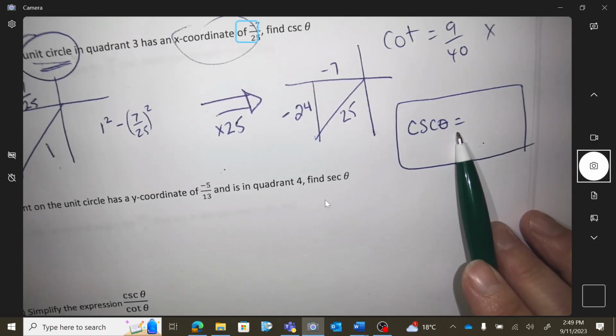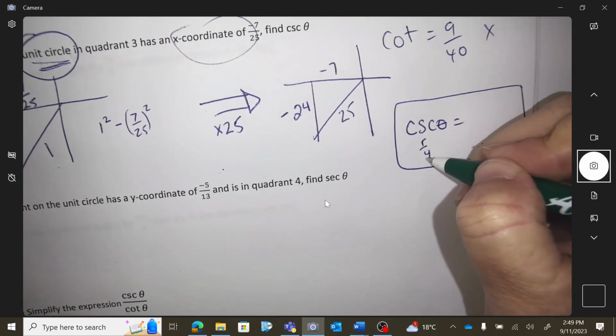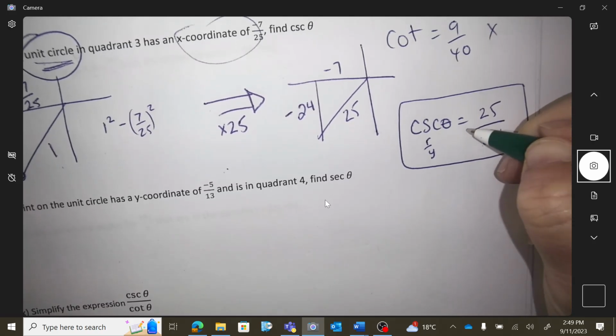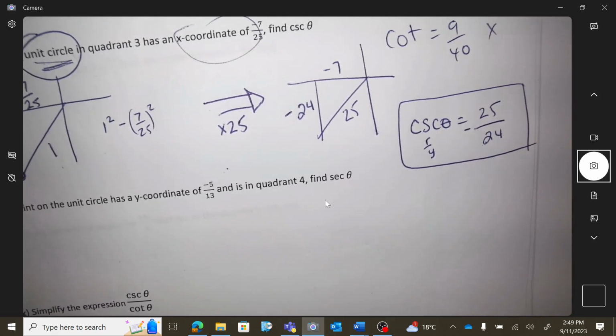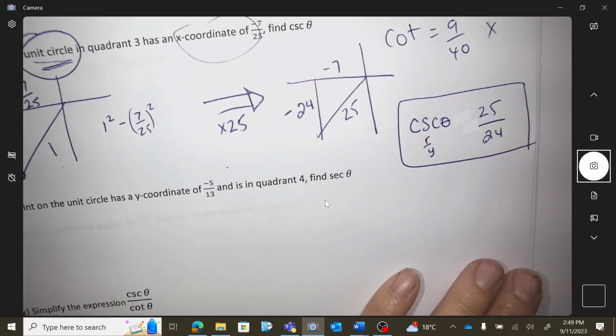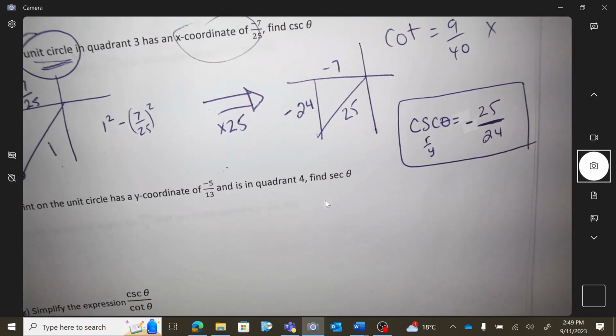So then you're looking for what letter over what letter? R over y, so 25 over negative 24, but you won't really see me writing negative 24 on the bottom. You would just see me writing a negative fraction.